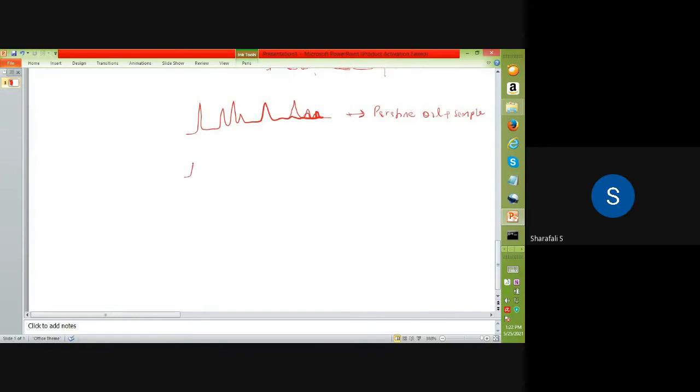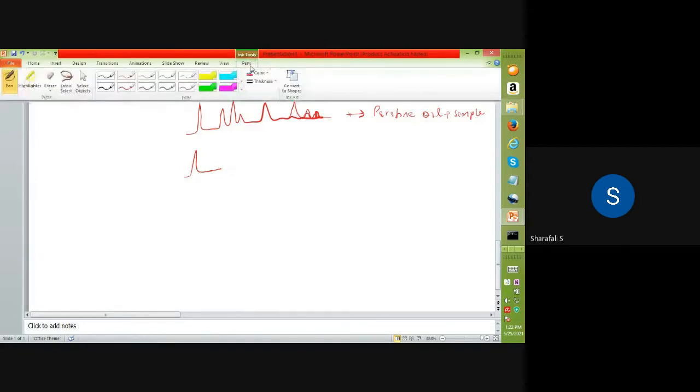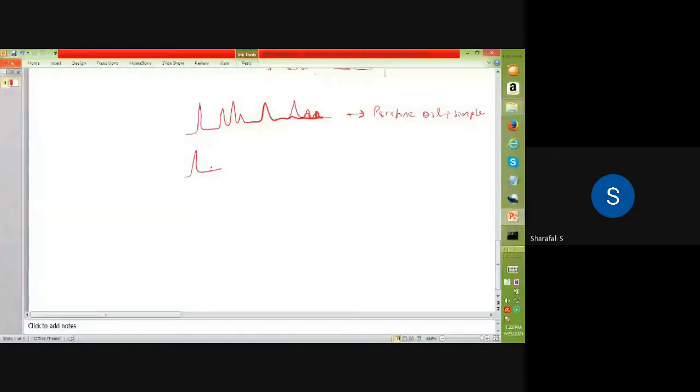So the paraffin oil spectrum is at a position like this.